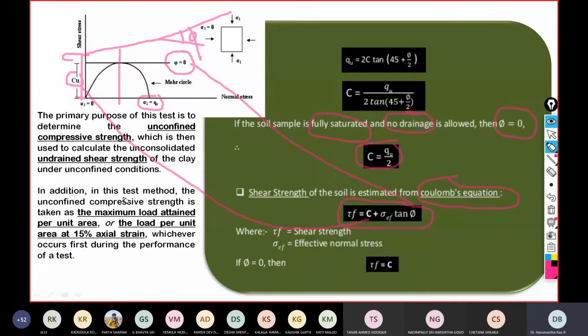In addition, in this test method, we take the maximum load attained per unit area, or the load per unit area at 15% axial strain, whichever occurs first. This is some kind of interpretation: if you don't get a well-defined stress-strain relationship, then we take the maximum stress corresponding to 15% axial strain.